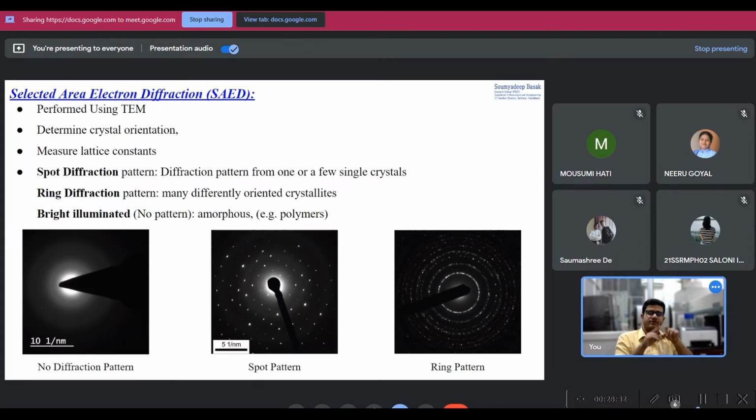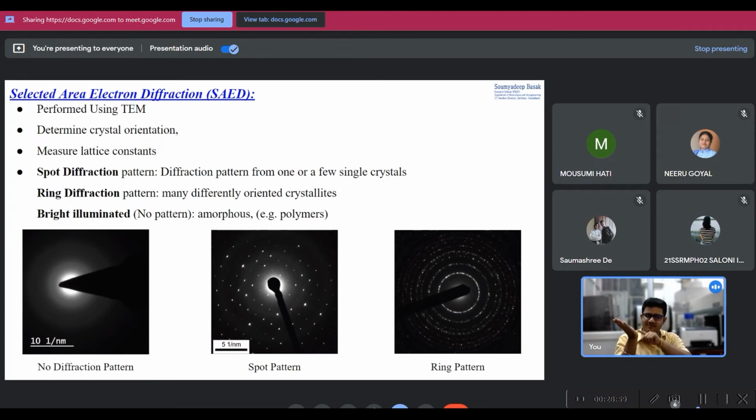A single crystal is a regular arrangement of atoms in a lattice. So this regular arrangement will result in regular electron diffraction. If the arrangement of the atoms is regular, then the diffraction pattern will also be regular.